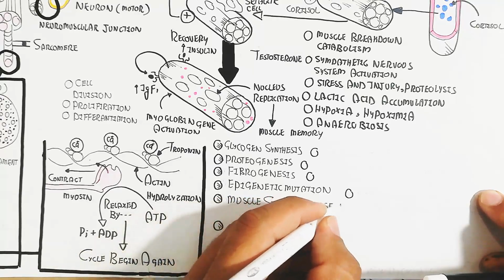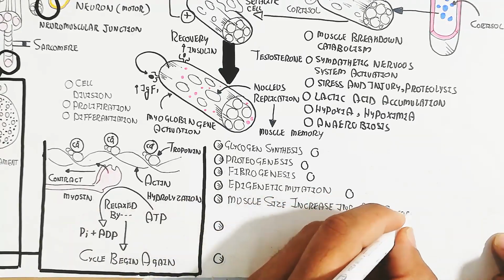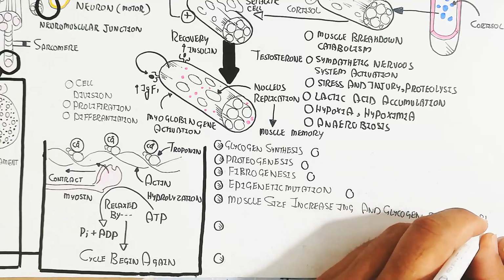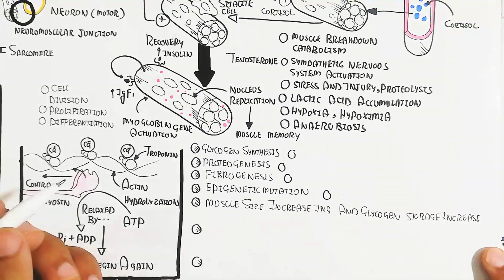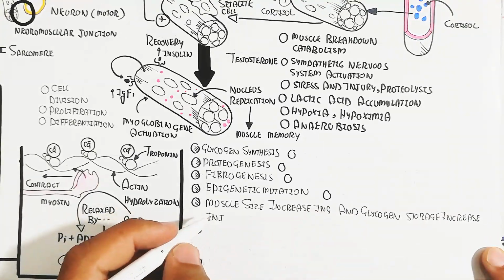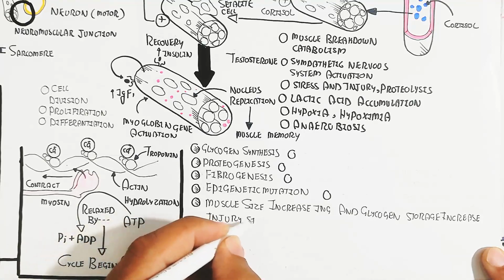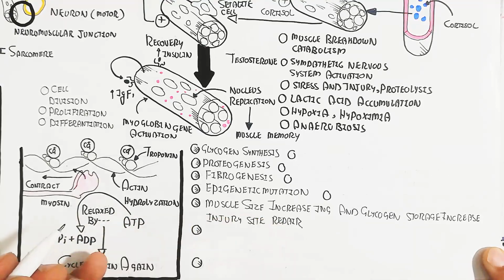Glycogen synthesis, proteogenesis, fibrinogenesis, epigenetic mutation, muscle size increase and glycogen storage increase due to the increase of the muscle cell size.